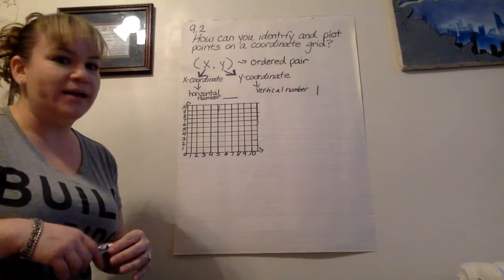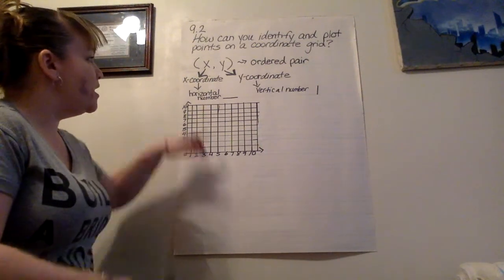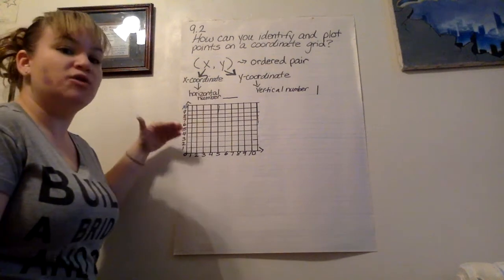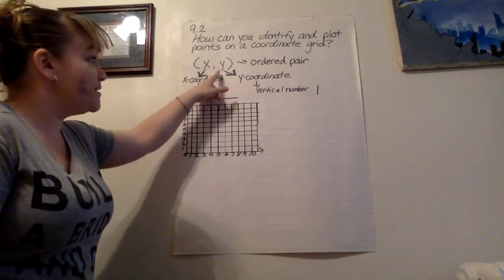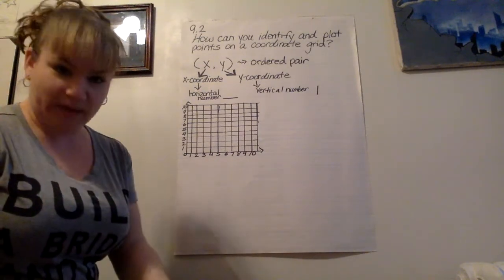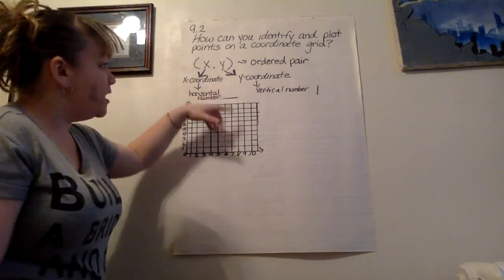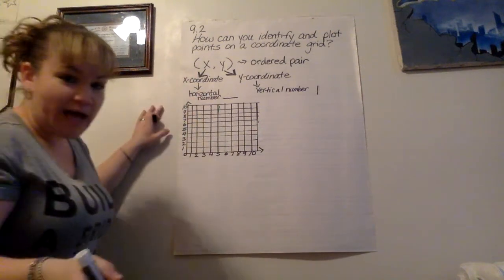It's not always by number order. It's ordered because the first number is the first number you use to start or locate your point, and the second number is the second step you do to find it. I'll show you what that means. They call it XY. Your X coordinate is going to be the horizontal number.